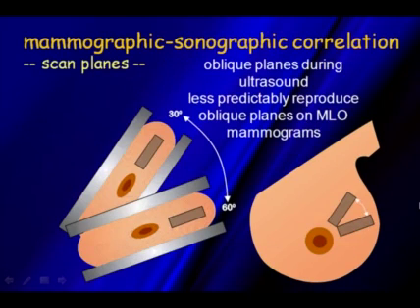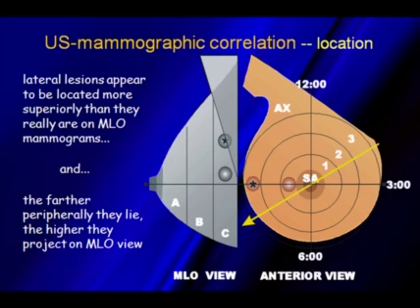What is more difficult on comparing mammograms to ultrasound is looking at the MLO view, the oblique projections. It's less predictable because we don't know the degree of obliquity that the MLO was projected at. And so it becomes more difficult in figuring out exactly where lesions may be in looking at that.